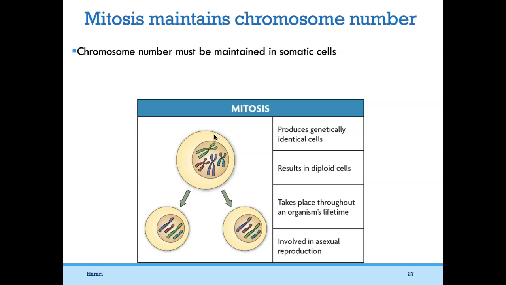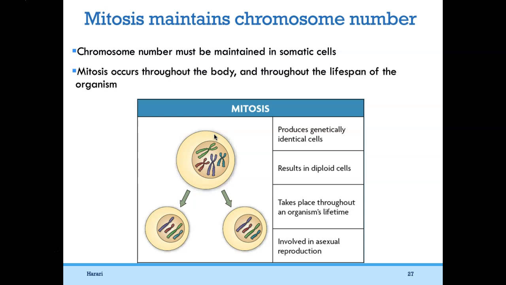Chromosome number must be maintained in somatic cells. If you want to make more functional cells, you don't want to get fewer and fewer chromosomes. You want to make sure all the cells have identical genetic information. So in mitosis, we're producing genetically identical cells that are all diploid. And mitosis occurs throughout the body and throughout the lifespan of an organism.